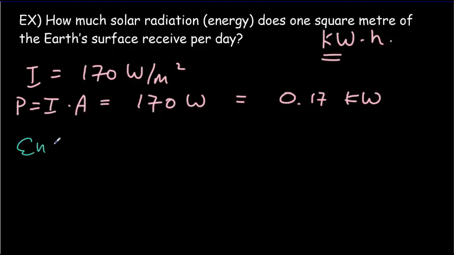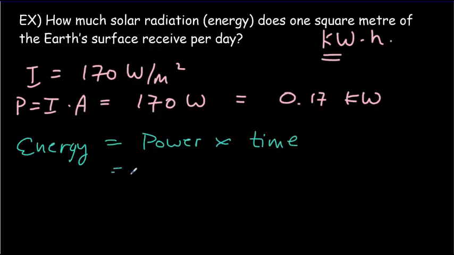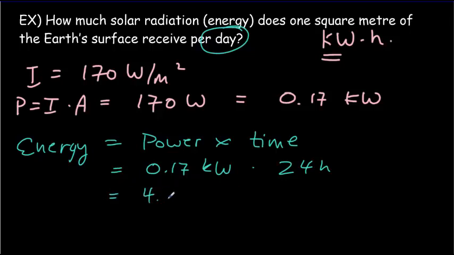So the energy has to be equal to the power times the time. The power in kilowatts was 0.17 kilowatts. And the time, we want to express that in hours if we're going to use kilowatt hours. 1 day is 24 hours. So we multiply by 24, and we'll get an answer there of 4.1 kilowatt hours of energy striking our piece of cardboard each day.